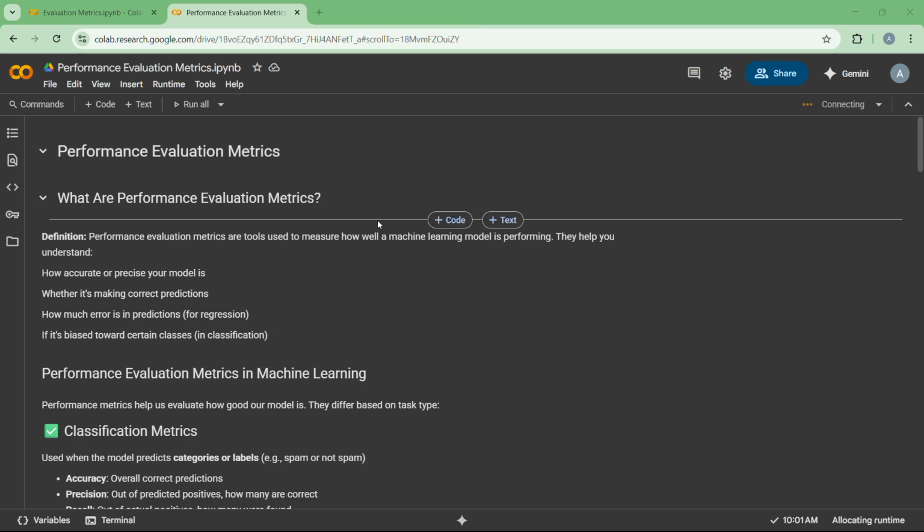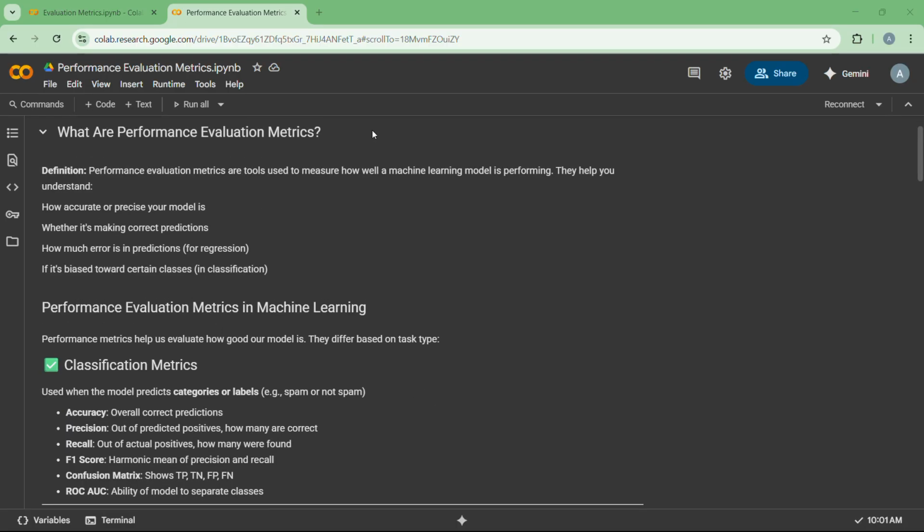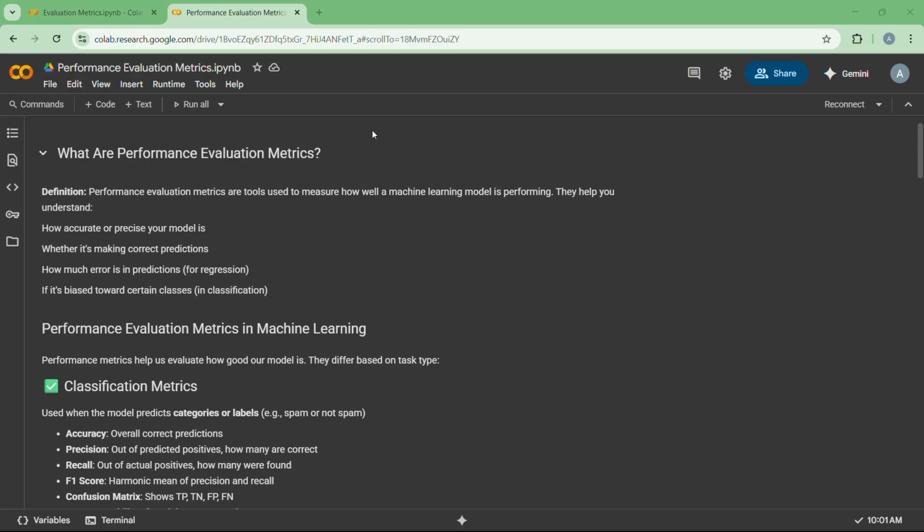Okay, so in this topic we can learn performance evaluation metrics. So what are performance evaluation metrics? The definition: performance evaluation metrics are tools used to measure how well a machine learning model is performing.